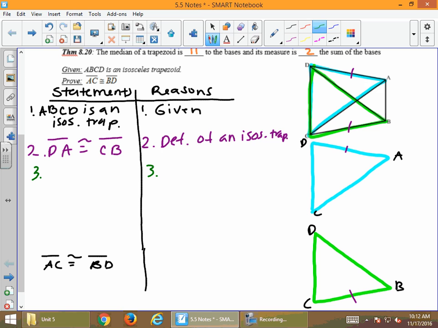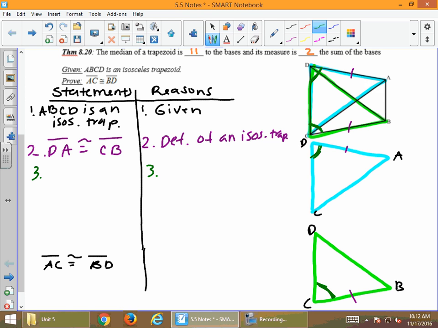So these bottom two angles, this angle and that angle, are the same. So D and C. Well, make those same markings in your diagram. We said angle D had one arc and angle C had one arc. Mark it in your diagram. And it's going to give you a good visual if you have those missing pieces. Okay. And we're going to state that in our proof.